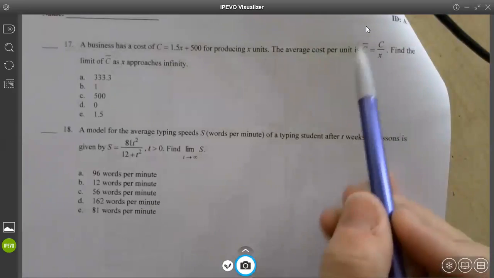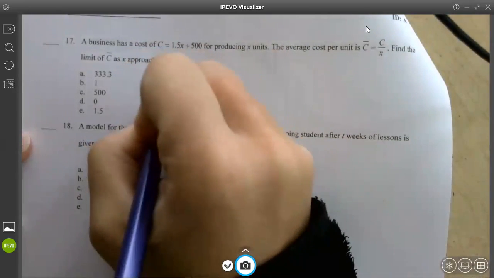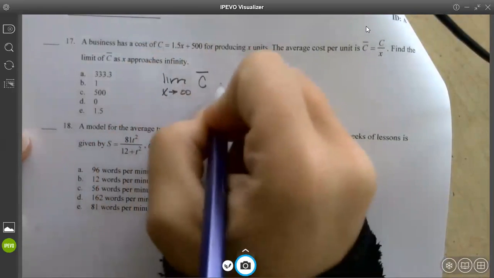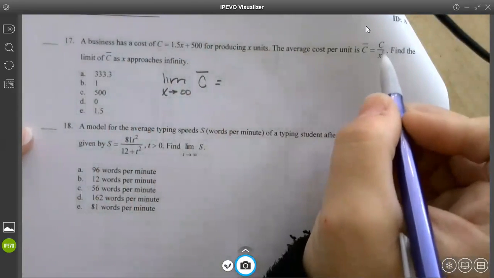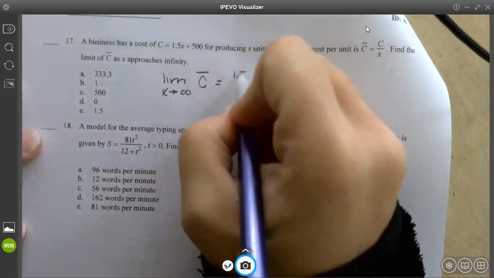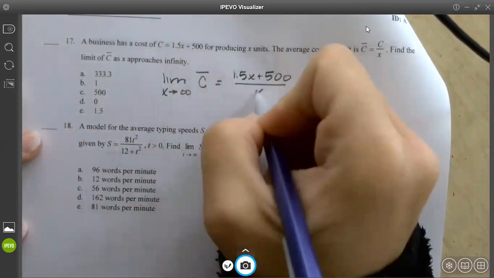So here's your formula. What's your formula for just C, not the C with the bar over it? And then it's divided by X.